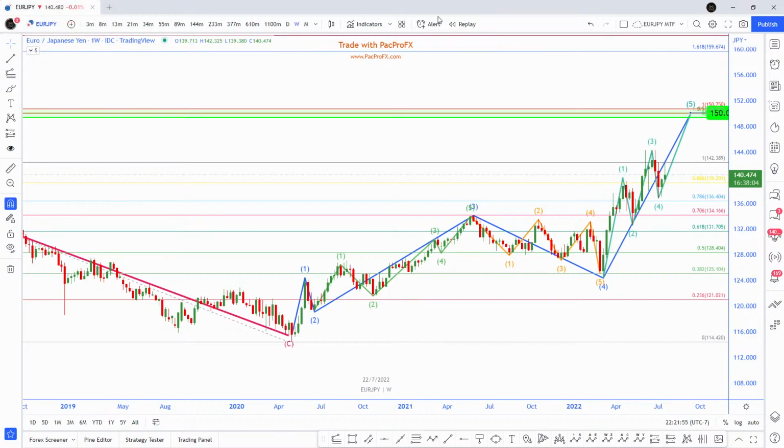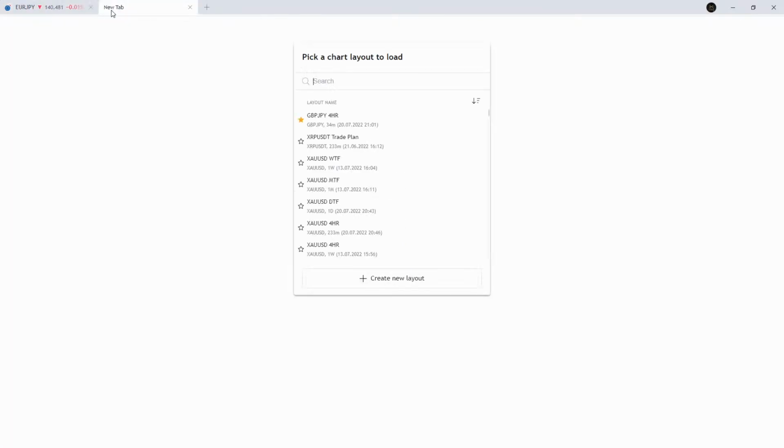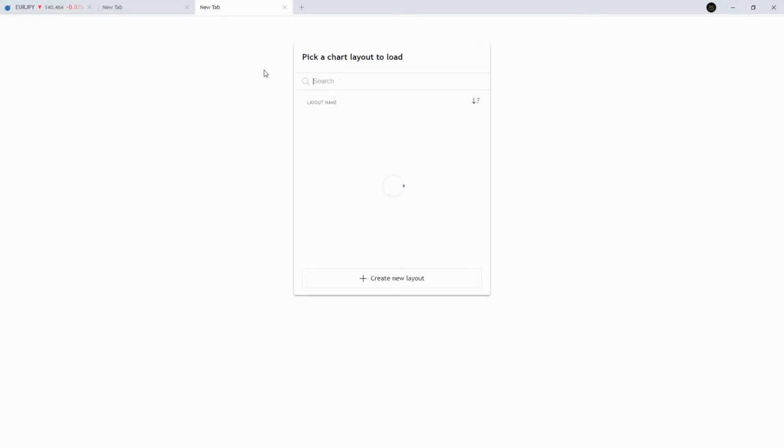Let's go back to the monthly here and see. I think I have a confirmation that the Aussie JPY is already in a long, so let's take a look at that really quick since I am looking at that.